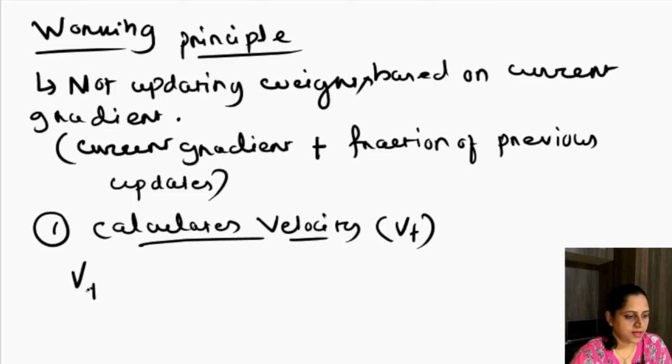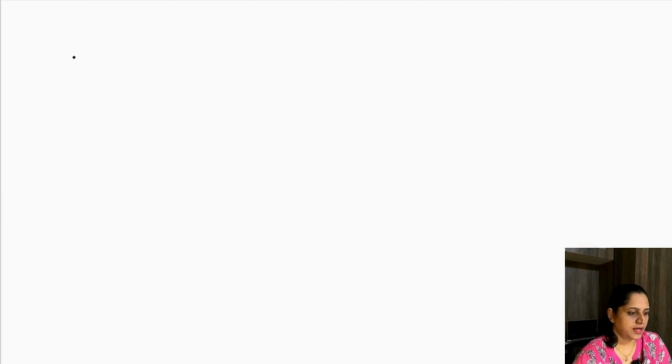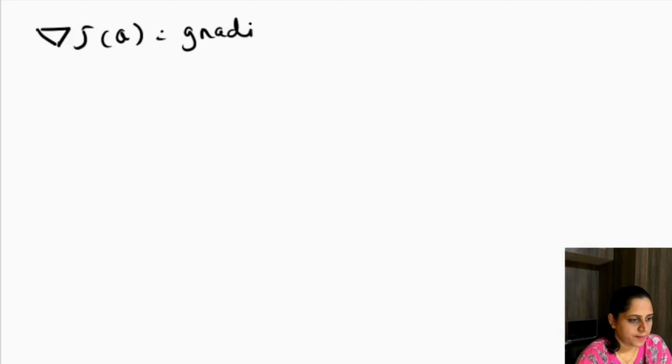So the formula for this is going to be Vt minus 1, this is eta, gamma into J of theta. So this is your formula, right? And we all know this is my gradient, right? Then Vt minus 1 is my previous velocity.